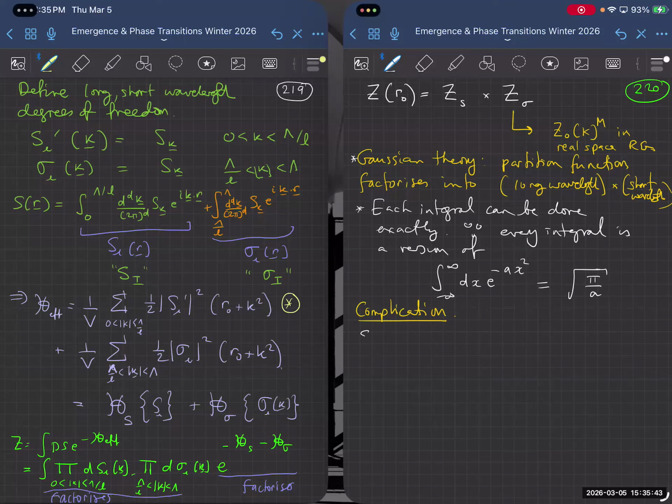We start off with an integral. S is a real variable. When we do the Fourier transform, then we're going to get a complex variable.